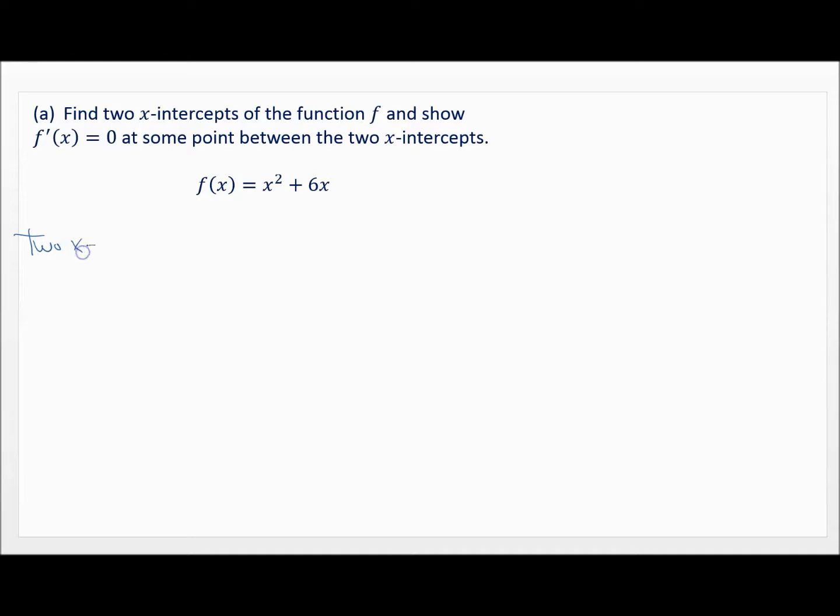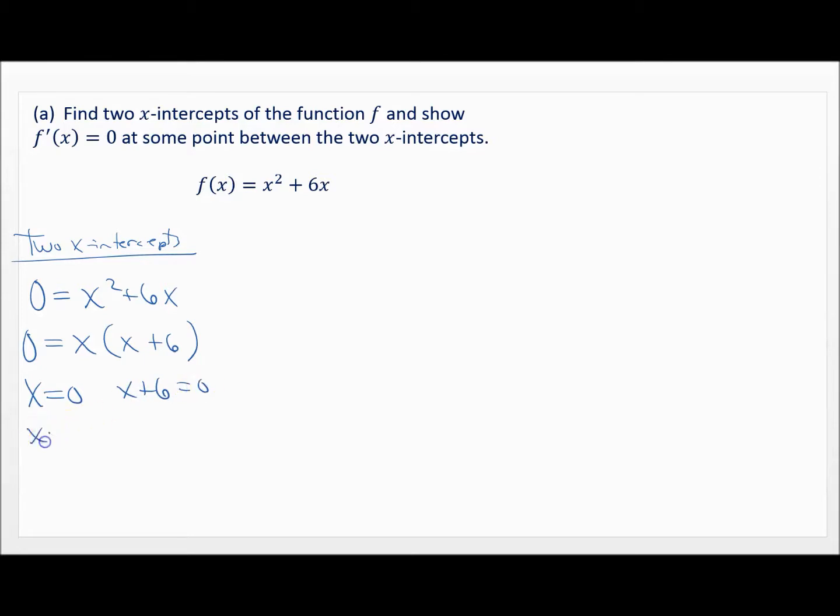Now you know how to find x-intercepts, don't you? So you set the function equal to 0, 0 equals x squared plus 6x. I need to factor. You could also use the quadratic formula if you really wanted to. x times x plus 6, and then I set each factor separately equal to 0.